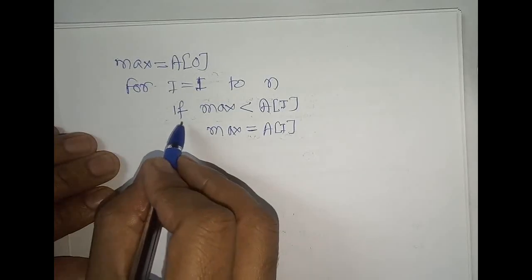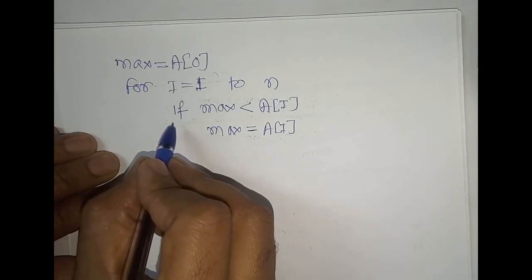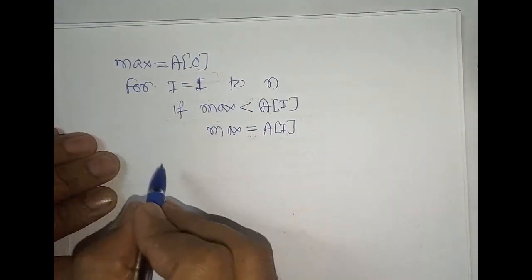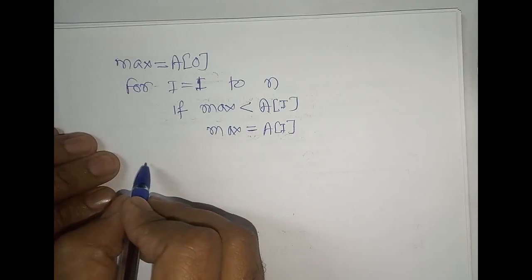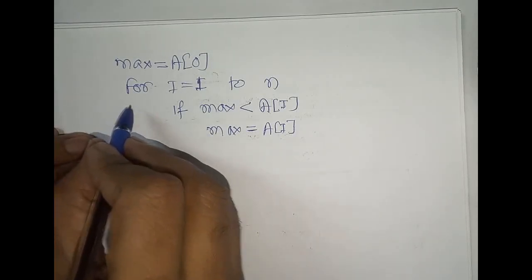And here we are using indentation. There are several ways to write an algorithm. For example, here we can write do or begin and end, or for or end for. So there are several ways to write the algorithm, but here we are using indentation.